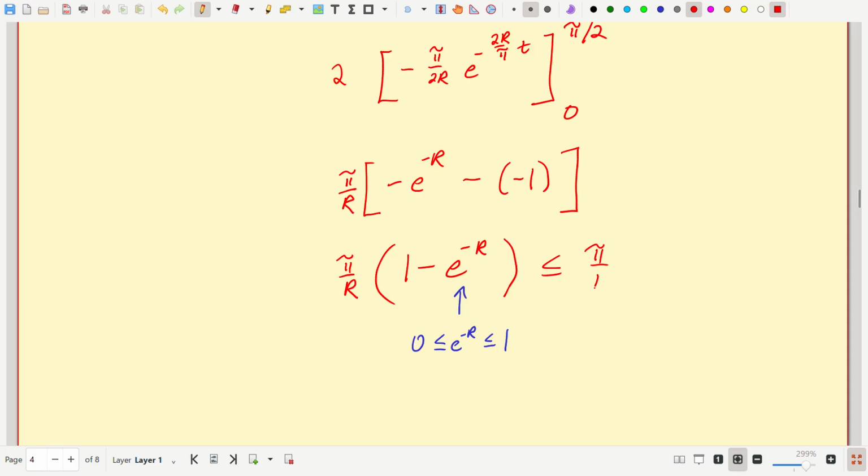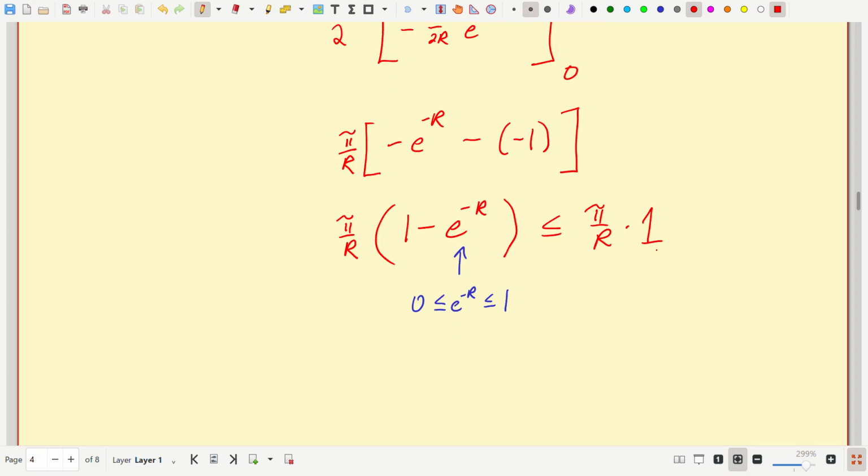So pi over r times 1. And exciting news, that goes to 0 as r goes to infinity. And that's Jordan's lemma. That's exactly Jordan's lemma, that I can estimate that integral by drilling down into the proof of the basic estimate. The integral isn't small at the red dots at the ends, but it sure is small in the middle.